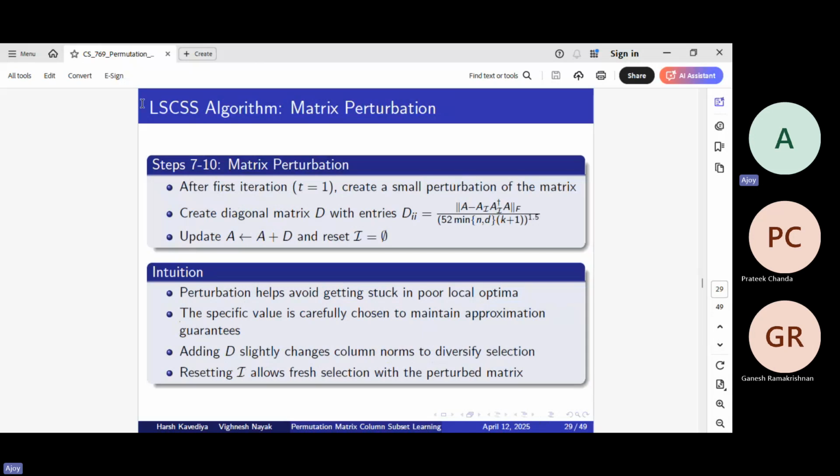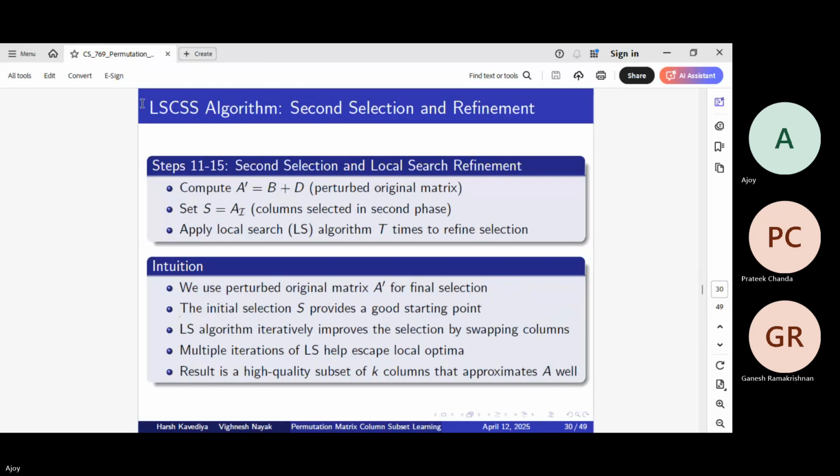This also diversifies the selection of the columns. Finally, we compute the matrix where B is the original matrix we started with, and D is the perturbation that we added, and then we take the columns as per our column subset selection.